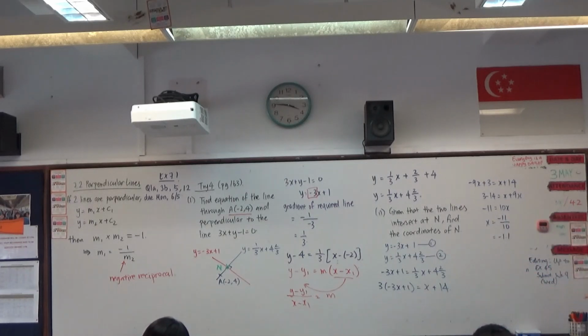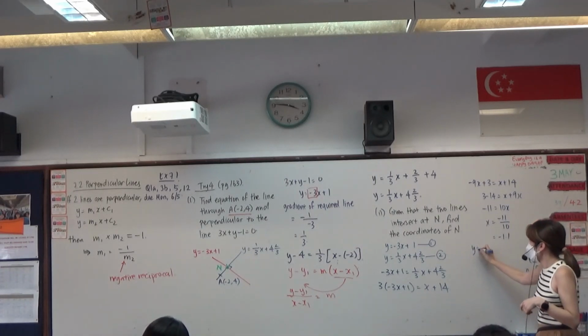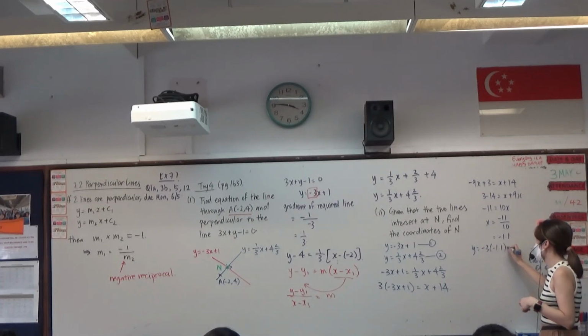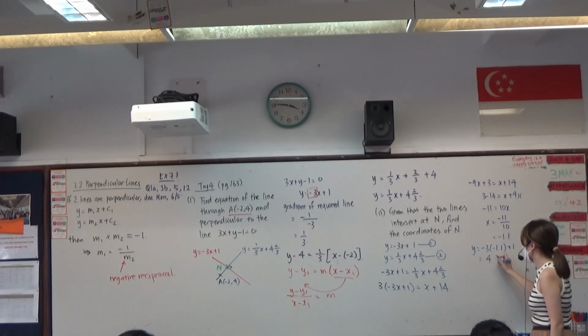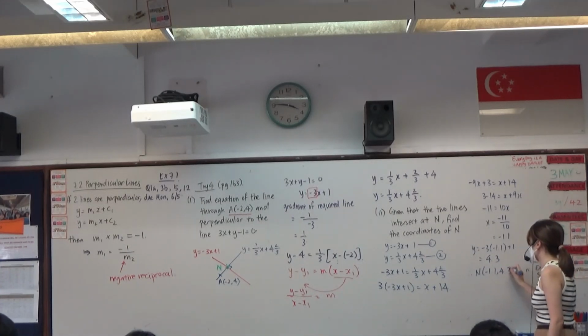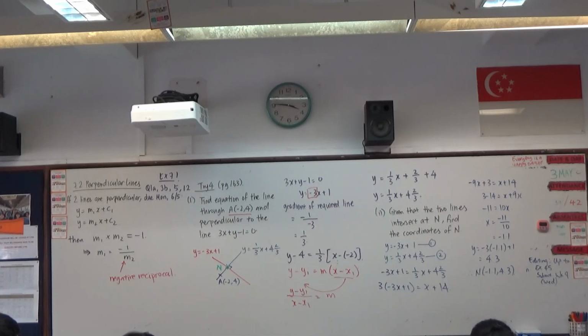So x is negative 1.1, and then your y, okay, sub it back into equation 1, and we will be able to get 4.3. So the coordinates of N will be negative 1.1 and 4.3.